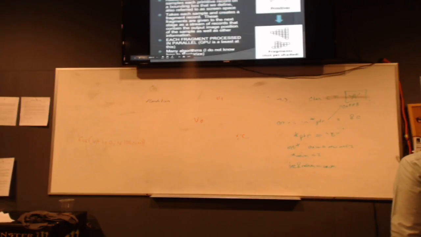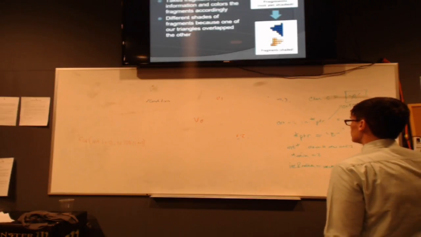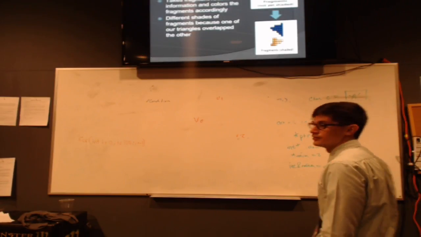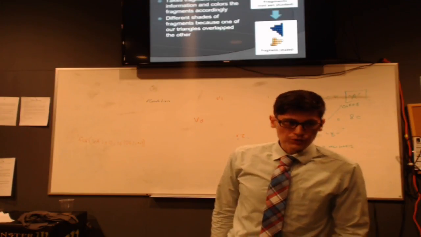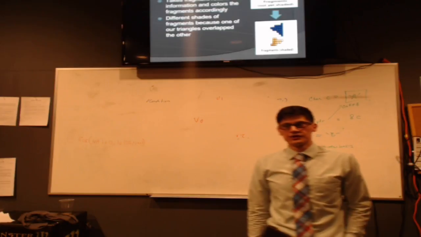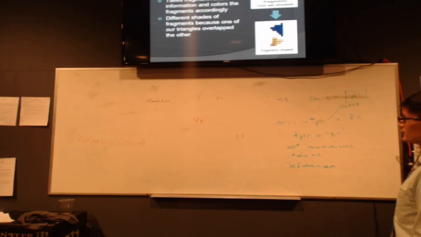So this is what you would get separately. Those are the fragments. Now fragment processing. This is in the programmable layer, and this is where the really good stuff comes in. This is where we do the lighting. This will take the fragment records from the previous stage and color the fragments accordingly.